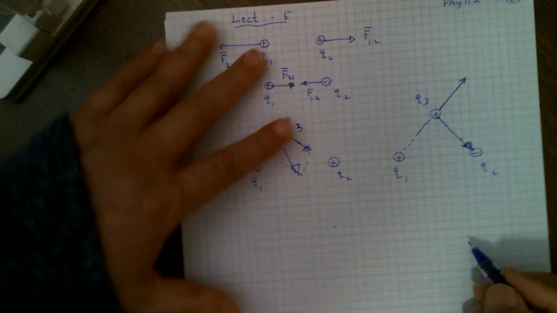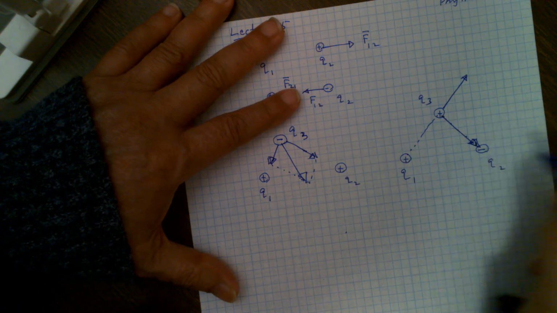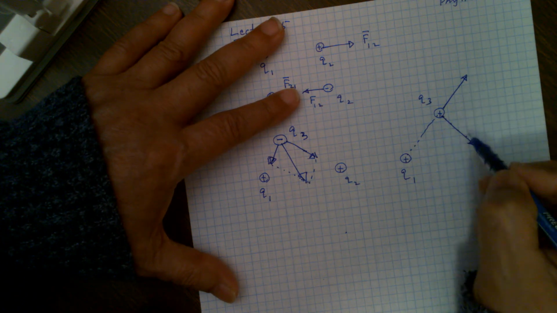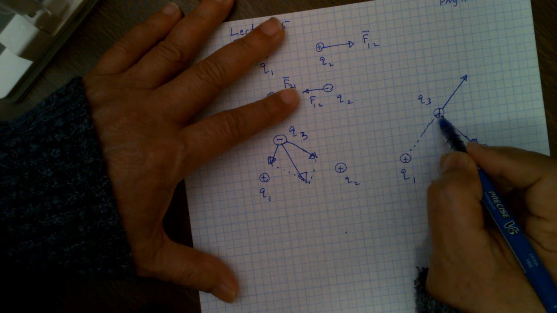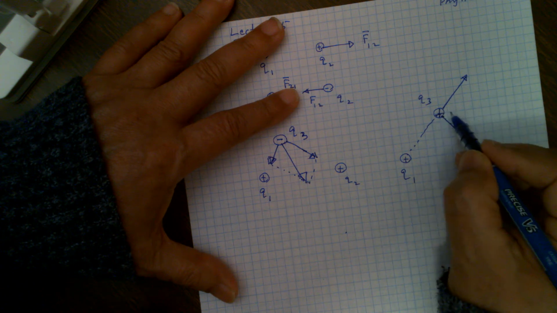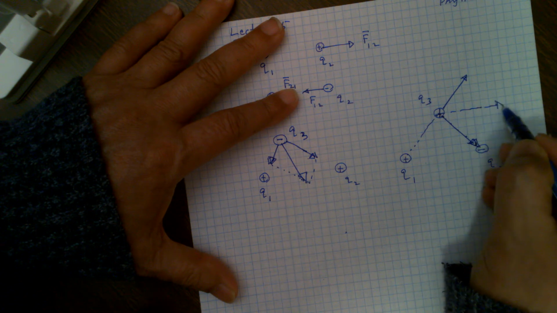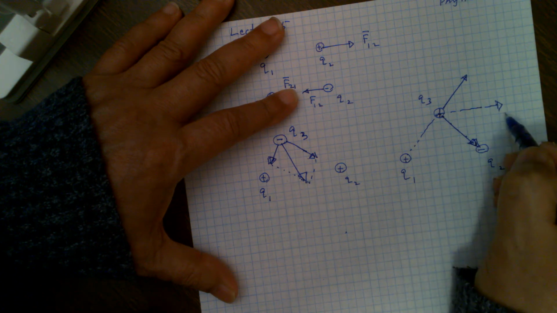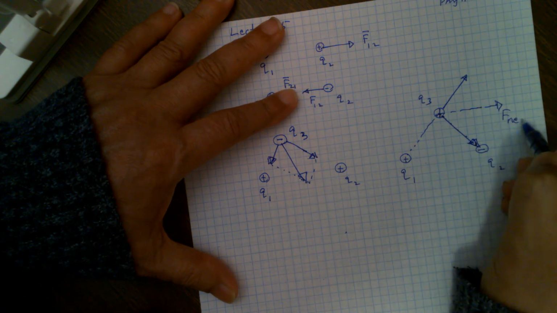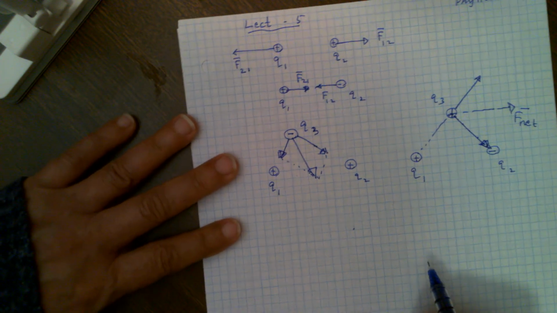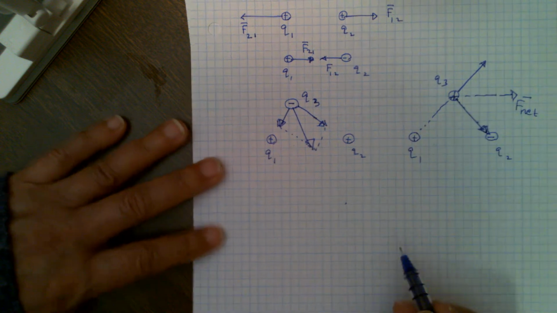These 2 forces are going to act on this one, and the resultant force will be in the middle, right? So that will be the net force. F net will be in that direction. So that's how we think about forces on charges, all right?